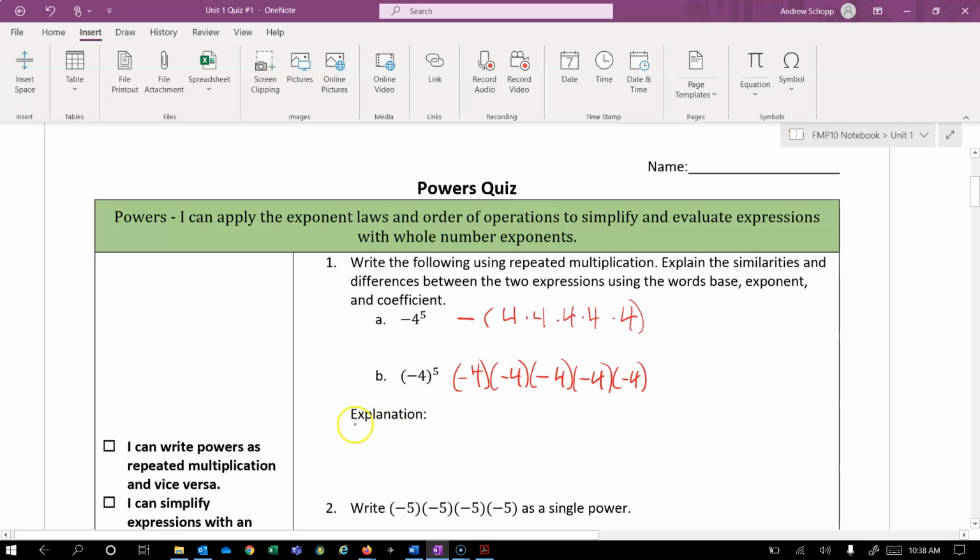So I talked a bit about some of the explanation already, but the bases are different. Okay, the top one has a base of 4, and the bottom one has a base of negative 4.